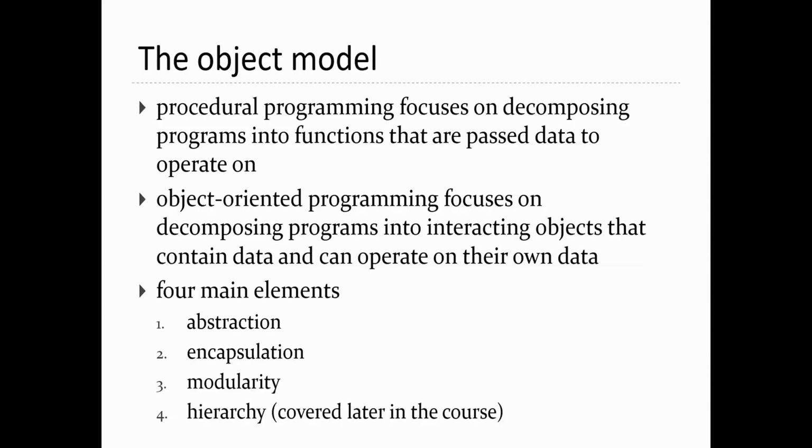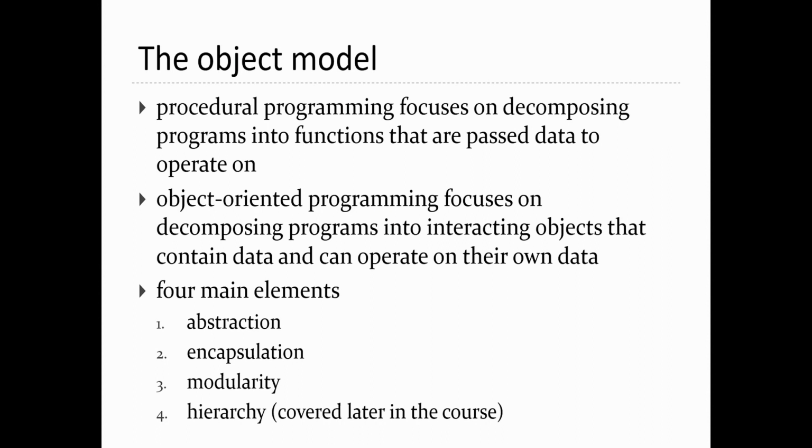Okay, so in procedural programming, the stuff you did in 121 and 101, or I guess whatever precursor you took to 121, procedural programming focuses on decomposing a program into functions. You pass data to the functions, the functions operate on the data, and they might return some information back. Object-oriented programming focuses on decomposing programs into objects.